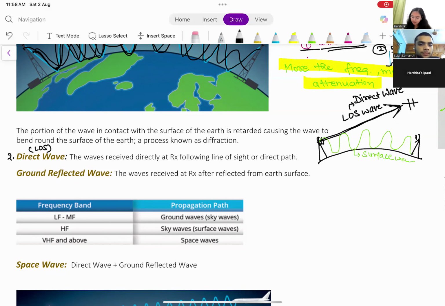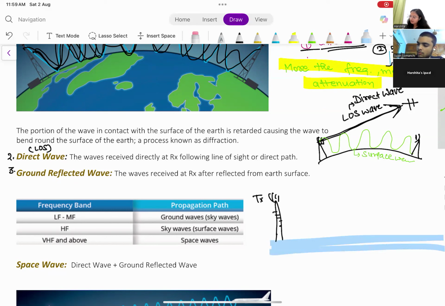Now, let's look at the third type of wave, ground reflected wave. Suppose this is a transmitter, there is an antenna here, and there is a sea over here.